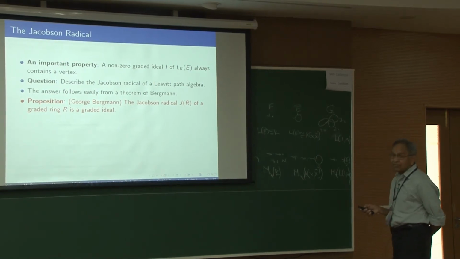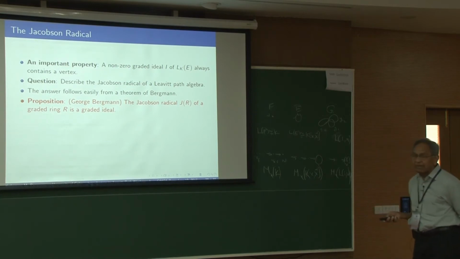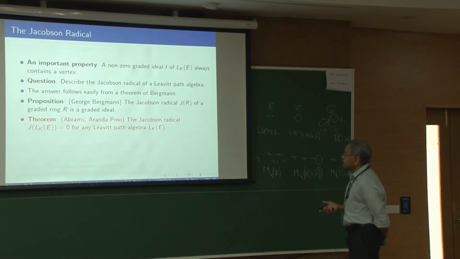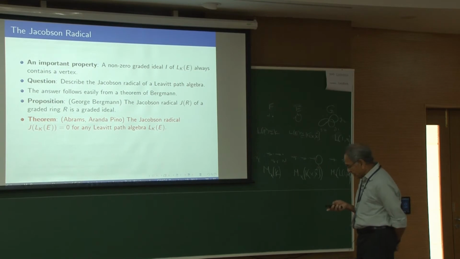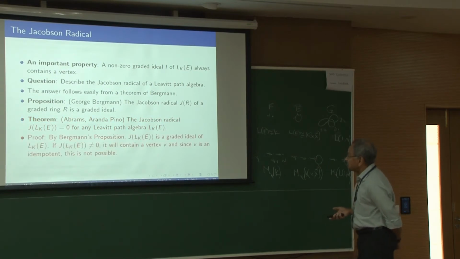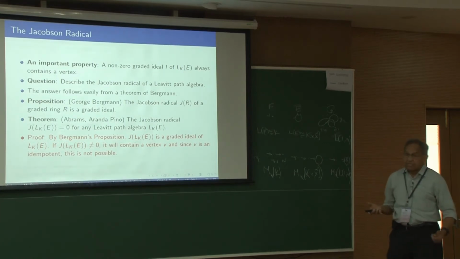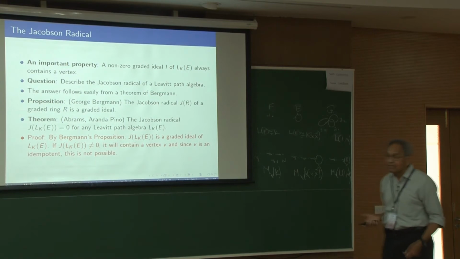Because in the Leavitt path algebra case, a graded ideal will always contain a vertex. So, if you look at the Jacobson radical of a Leavitt path algebra, then since it is graded, it has to contain a vertex, which is an idempotent. So you could see that the Jacobson radical of a ring cannot contain a non-zero idempotent, unless it's zero.